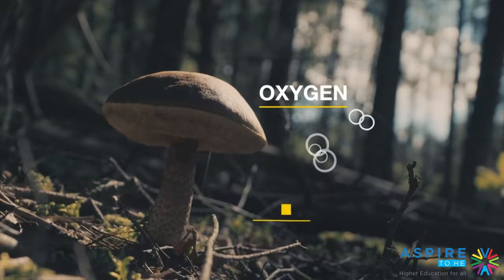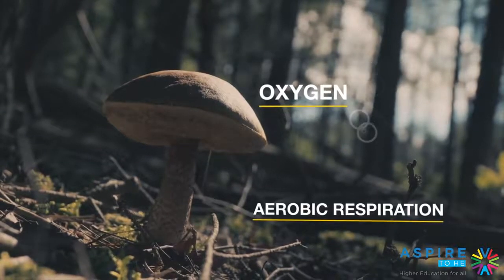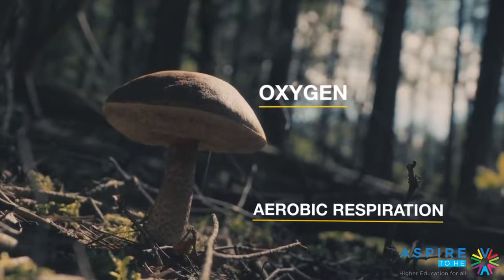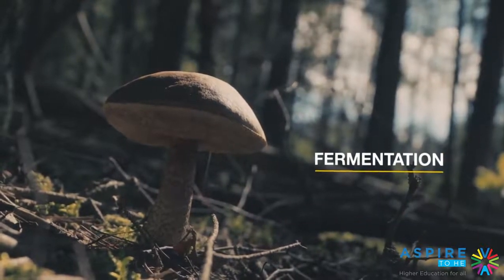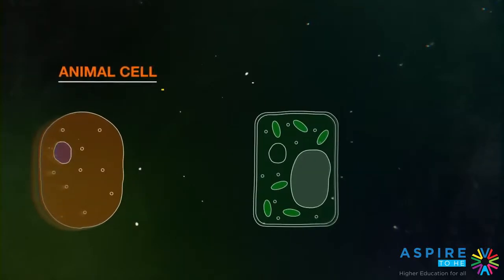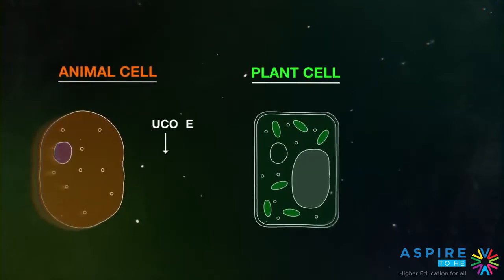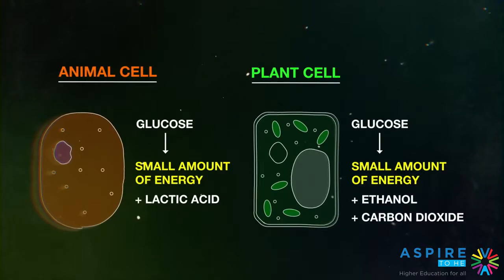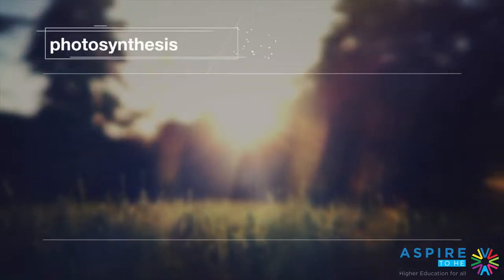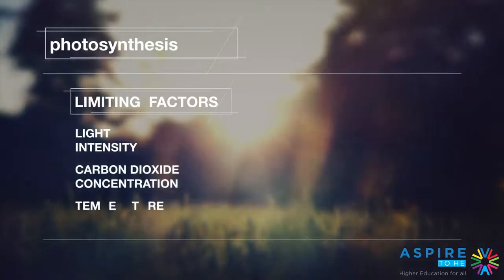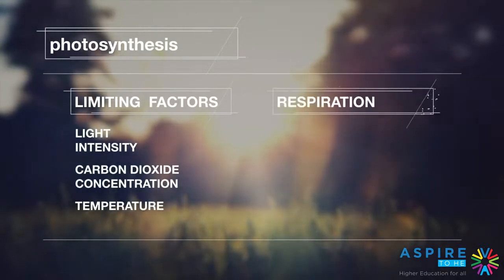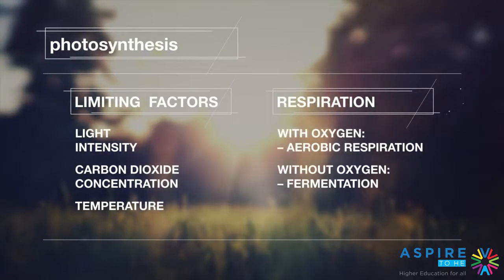If oxygen is present, the process is known as aerobic respiration. In the absence of oxygen, the process is known as fermentation. The products of fermentation differ between animal cells and plant cells. A small amount of energy is produced either way, but only 1/15 of the energy produced during aerobic respiration. Three limiting factors affect photosynthesis: light, carbon dioxide, and temperature, while respiration works either with or without oxygen.